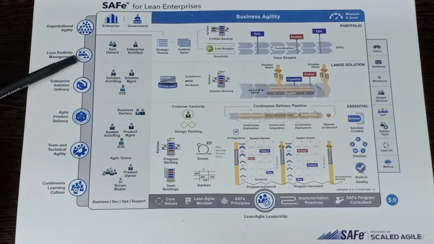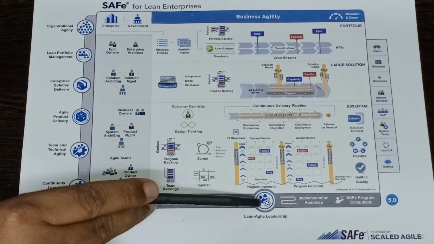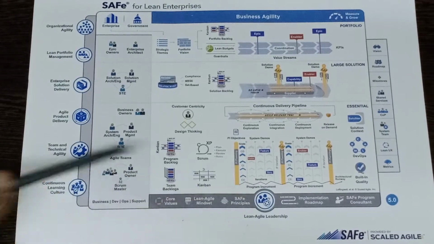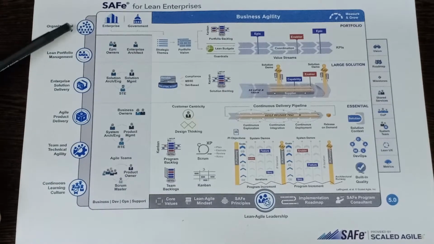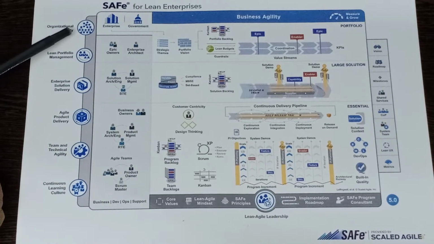There are 7 core competencies: lean agile leadership, continuous learning culture, team and technical agility, agile product delivery, enterprise solution delivery, lean portfolio management, and finally organizational agility. So these are all the 7 core competencies. Watch out for my other video where I have explained each of these competencies in detail.